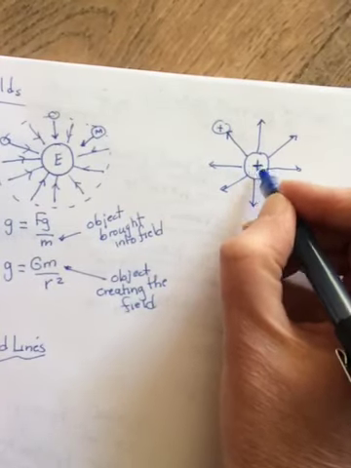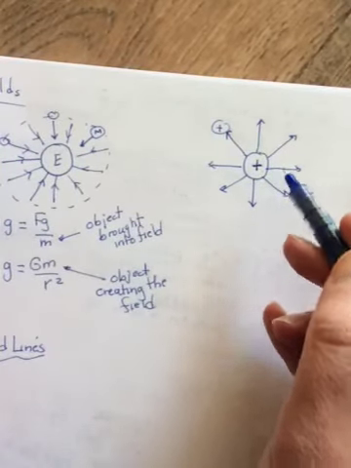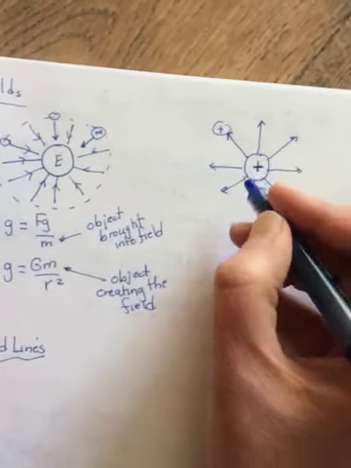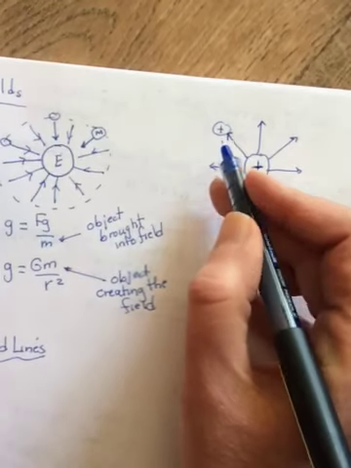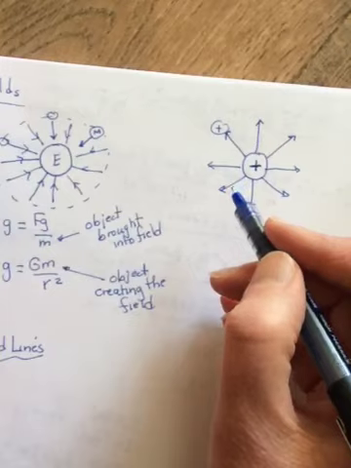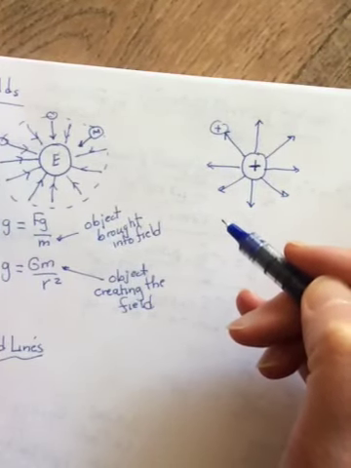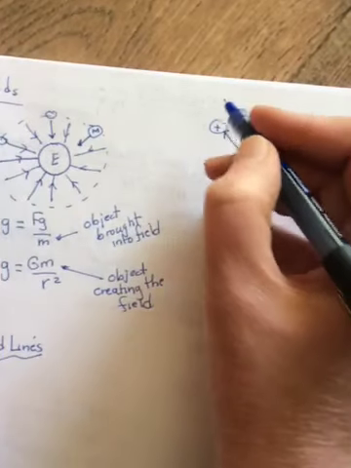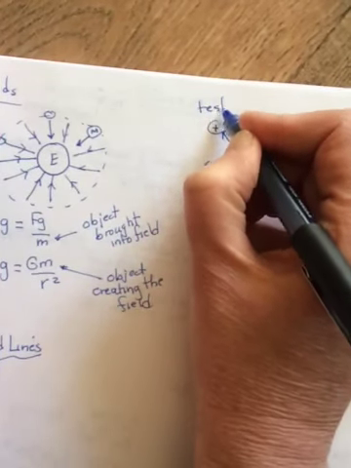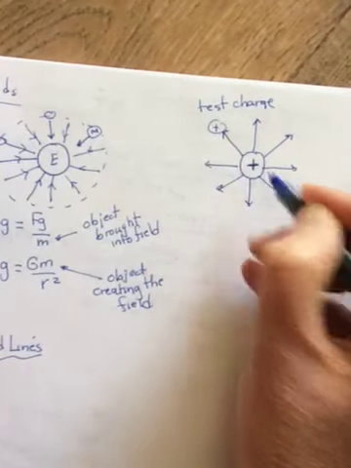We toss him into a field and we see what happens to him, and depending on what happens to him, that tells us the nature of the charge setting up the field. You've probably done exactly the same thing with that kid, brother, sister, little cousin. You probably sent them in to your parents and said, go suggest to mom and dad we go out for pizza. You're using them as what's called a test charge to see the nature of your parents.